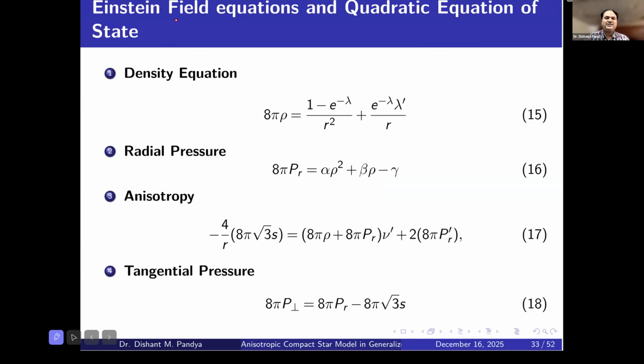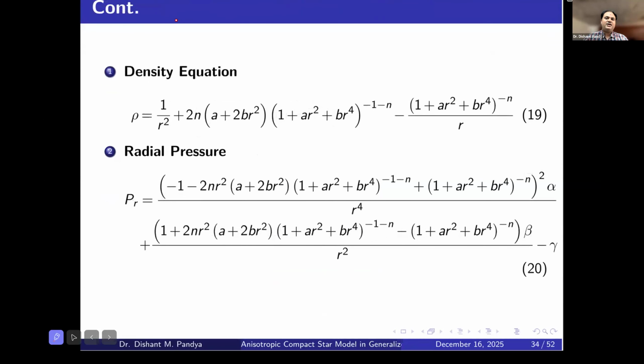We were also curious, and then we started with the anisotropic solution as our fundamental equations. When we tried to derive those equations on the basis of the Kuchowicz metric, we found this density equation. This was our radial pressure. Of course, even the radial pressure turned out to be a heavy equation.